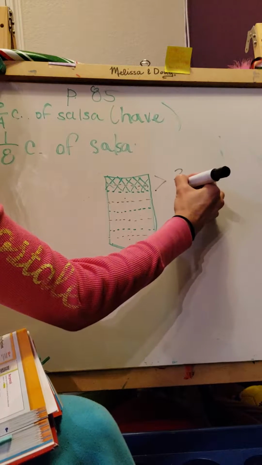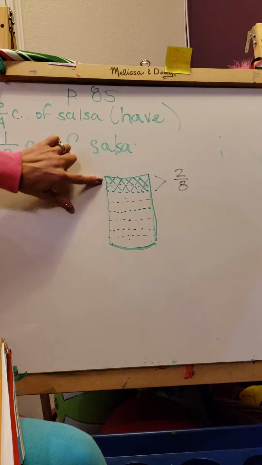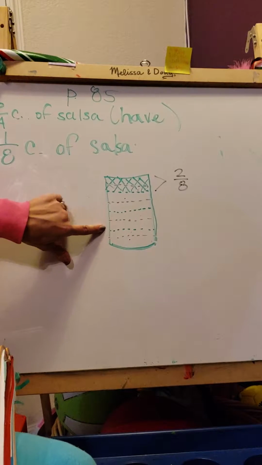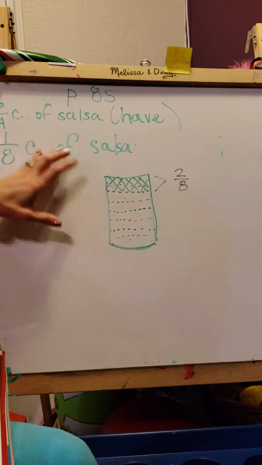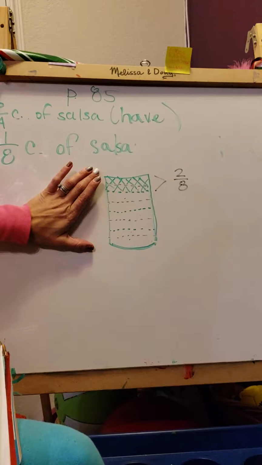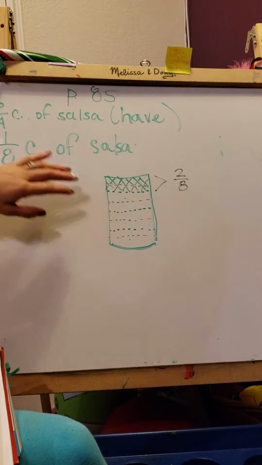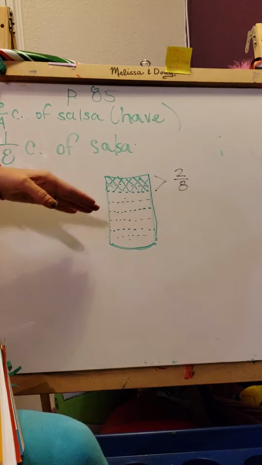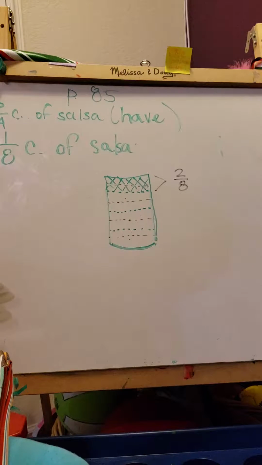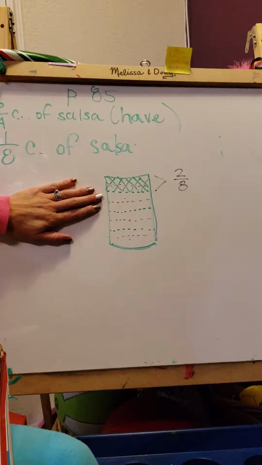This is the 2/8 of salsa that we do not have, because remember we ate all of this. These are all the 8ths of the salsa we have left in the jar. I want you to think about why we look at it as a whole jar, because we're not dividing the whole jar into 8ths, since we don't have a whole jar. We're dividing what we have left of that jar into 8ths.